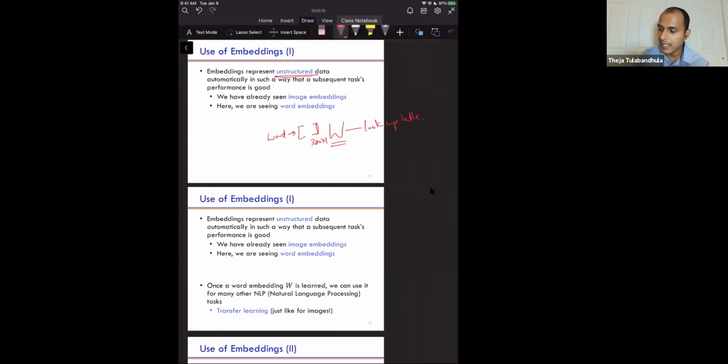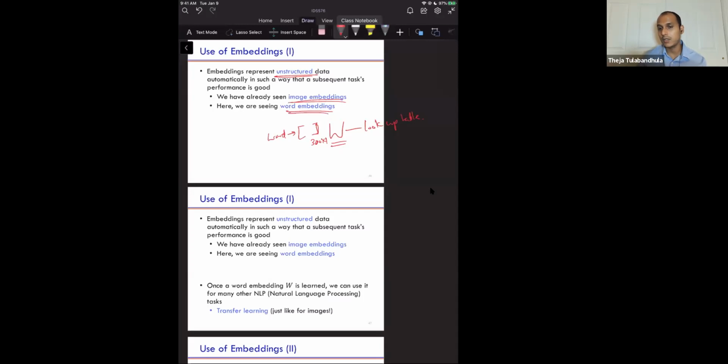Just like for images, where the embeddings could be used as fixed feature extractors, you could go from image to an embedding, and then from the embedding use it for any subsequent, slightly different classification task. Similarly, word embeddings, which were learned from sentences using that auxiliary classification task, which we don't care about, can be used for any other task that you want.